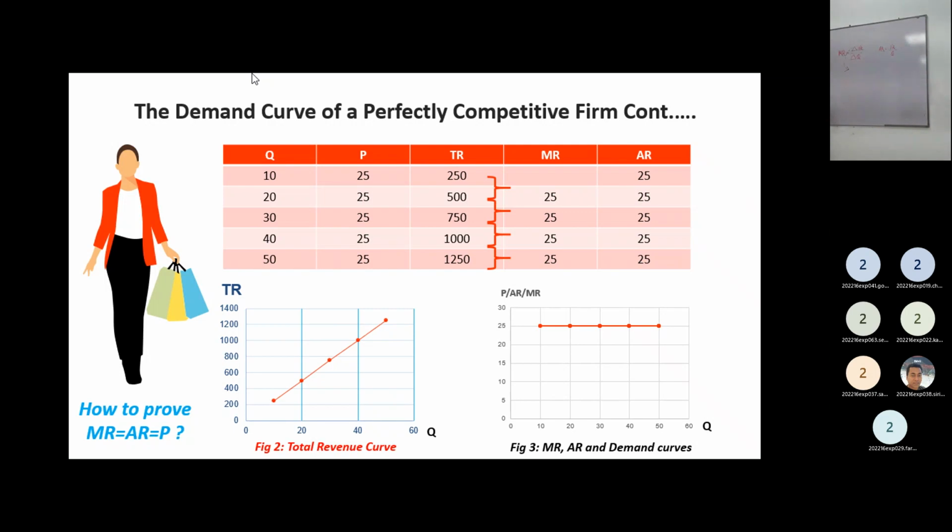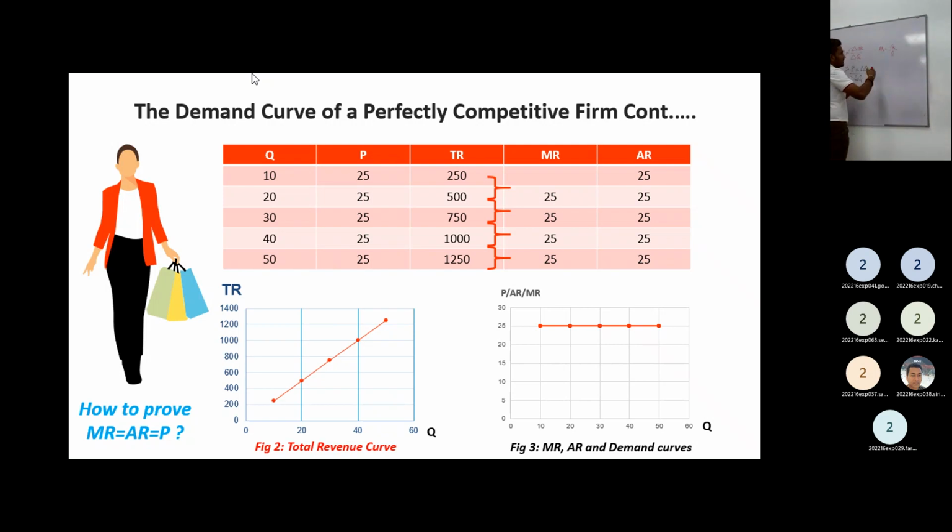How do you calculate your total revenue? Price into quantity. Can you change the price? You can't change the price. Price is fixed. But you can change the quantity. Divide by change in quantity. Clear?